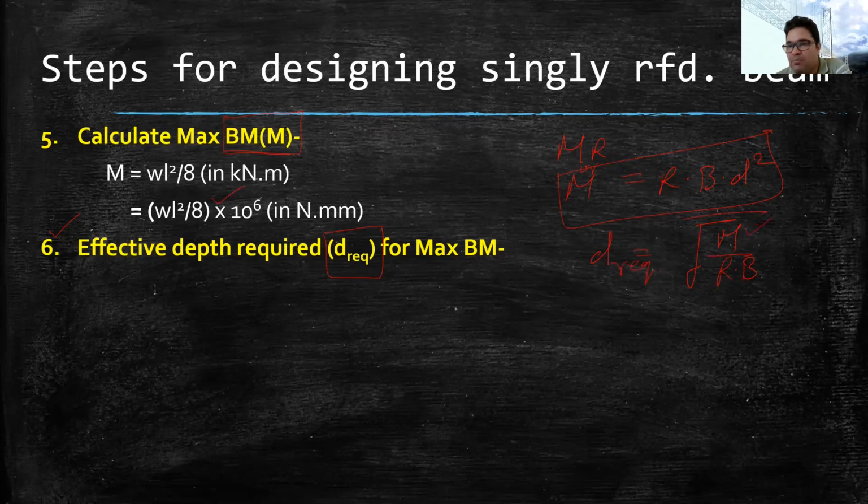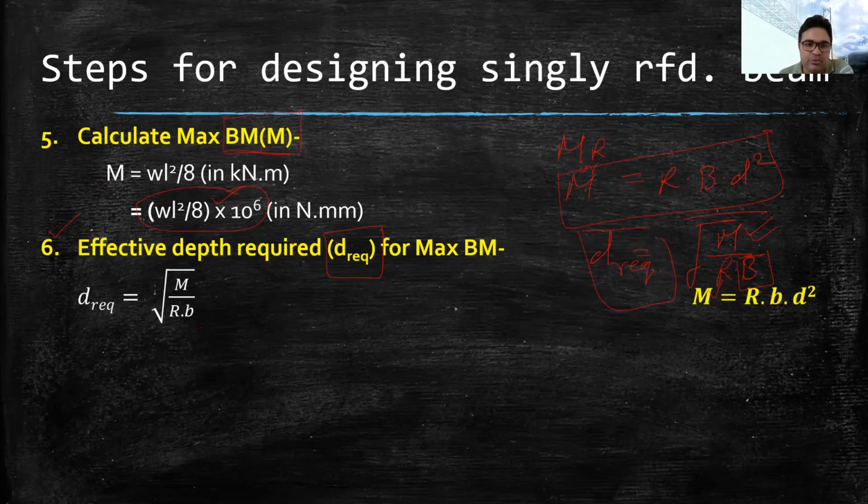If we put this calculated value in place of M, put the value of R that we have calculated in step 1, and B is the width of beam that we have calculated in step 2, then we will be able to find out the depth required. That is the formula that will be used to find out the required depth.